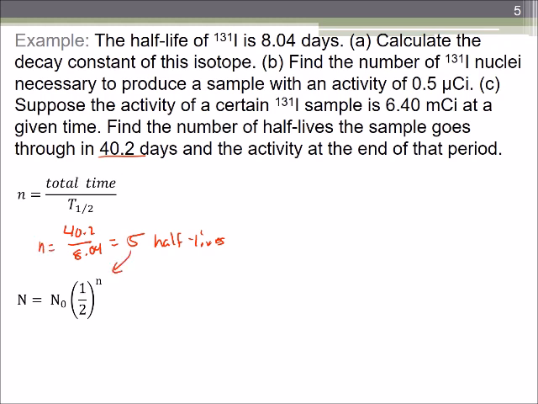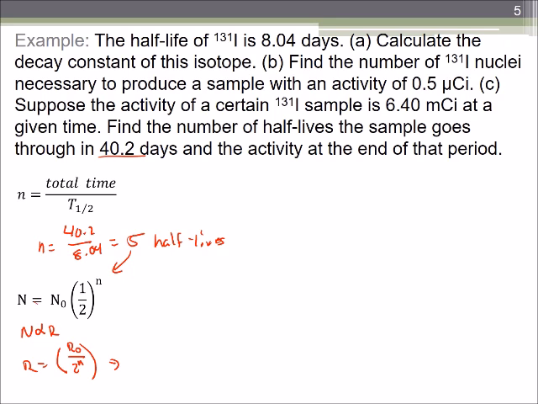So the n goes there, and we want to solve for R. Note that this doesn't have R in the formula, but we said before that N is proportional to R, so I can just replace in this formula our R values. And again, I'm going to just put the R in this, with the 2 to the n in the denominator, and then solve for R instead of R naught. So I rearrange the formula.